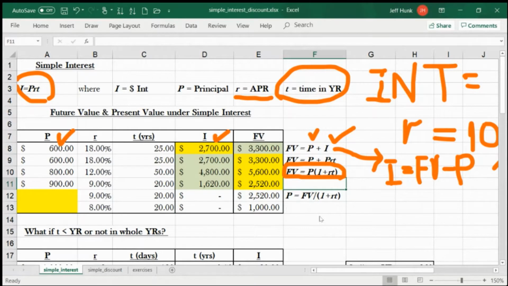Now, one very fundamental thing that you have to keep in mind is that this is just an exercise.